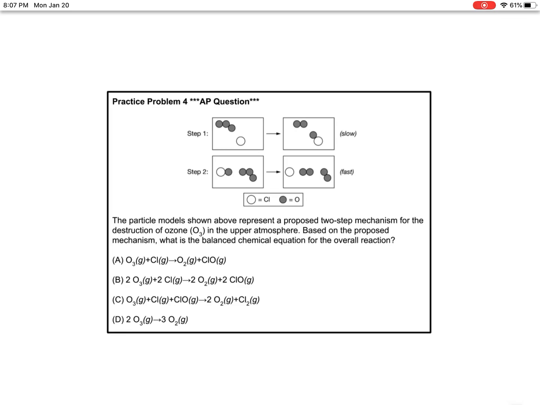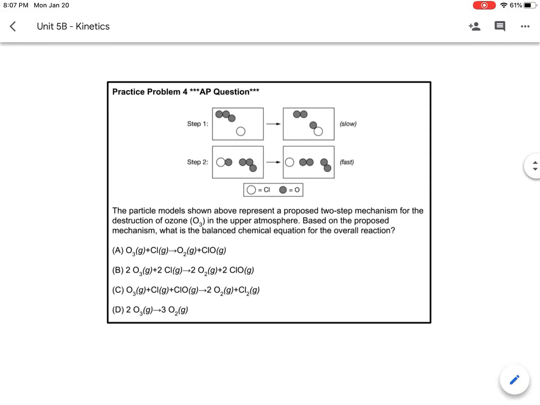But let's make sure that our particle representation is balanced as this equation shows that it should be. So at the beginning of step 1, we have an O3. We have another O3 molecule show up at the beginning of step 2. So that means that we did start with 2 moles of O3. At the end of step 1, we produce 1 molecule of O2.